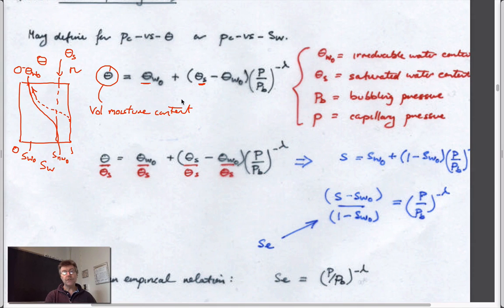So now what we're trying to do is define the behavior in terms of a particular volumetric moisture content that we find ourselves at, which would be this magnitude here, as a function of two material properties. One is the maximum amount of air we can get into the system and the amount of water that's left in there, which is this line here.